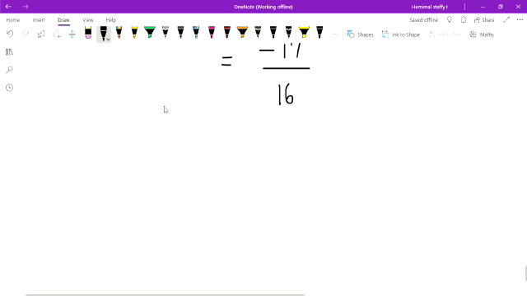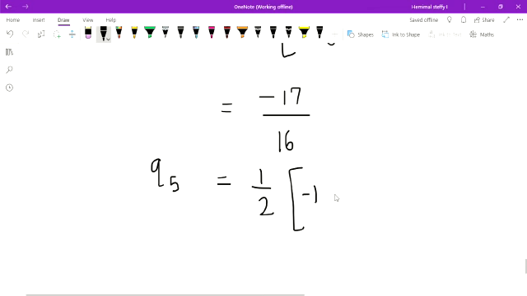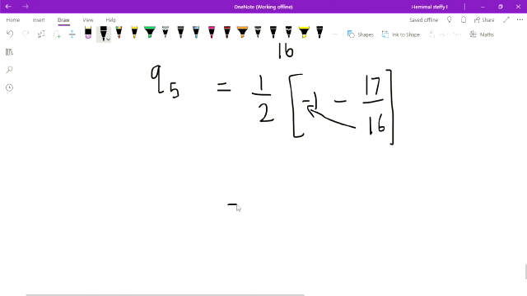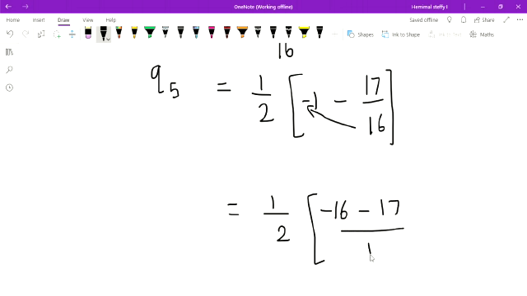The next Q5. Q5 is equal to 1 by 2, with a value of -1 and b equal to -17 by 16. Then cross multiply: 1 by 2 into (-16 minus 17) divided by 16.